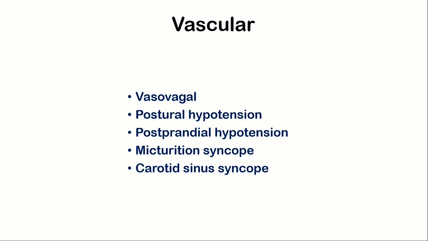Postprandial hypotension is a drop in systolic blood pressure of 20 or more within 2 hours of eating. Micturition syncope is fainting while passing urine. Carotid sinus syndrome occurs when there is an exaggerated vagal response to carotid sinus stimulation, provoked by wearing a tight collar, looking upwards, or turning the head.